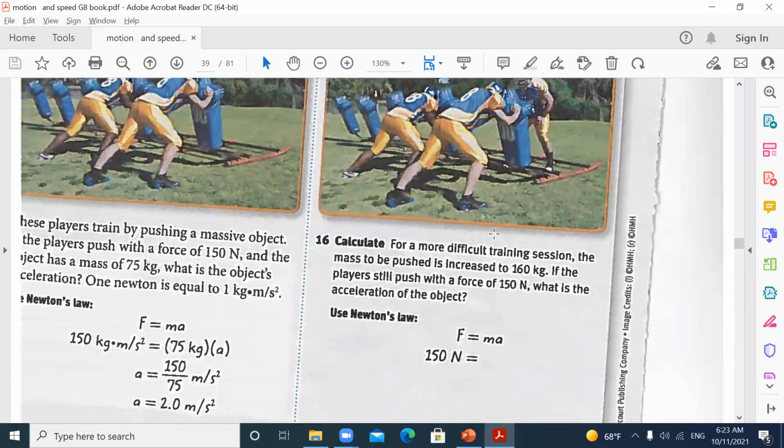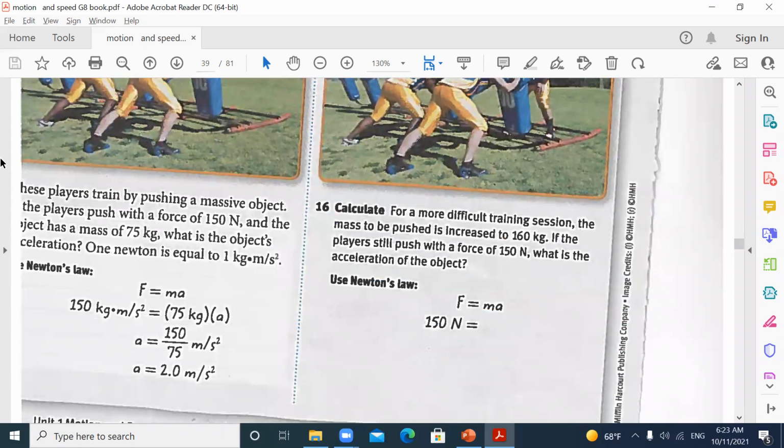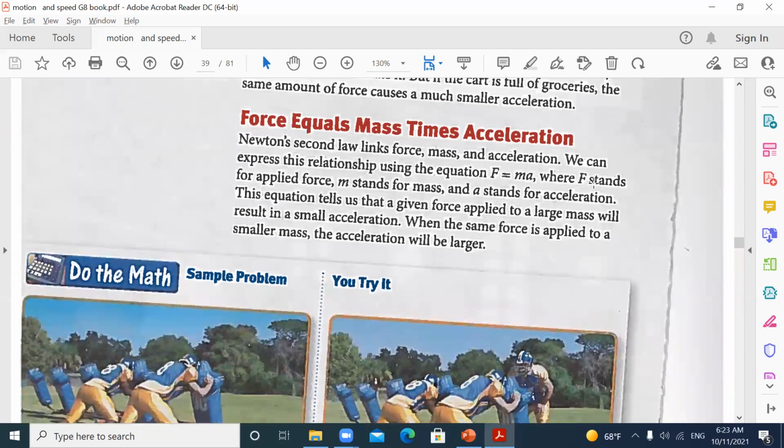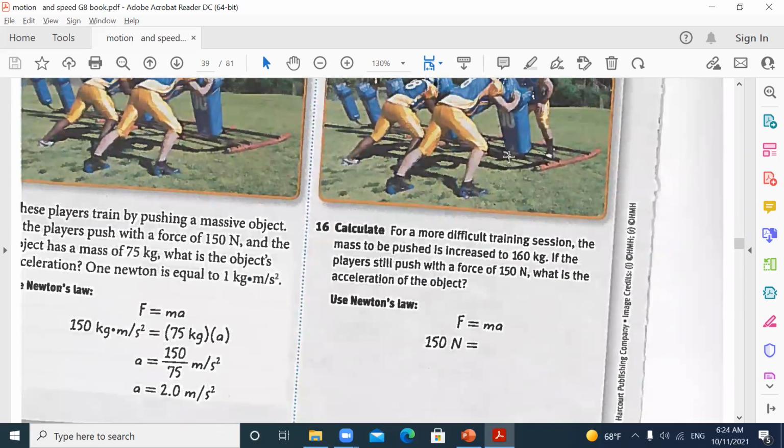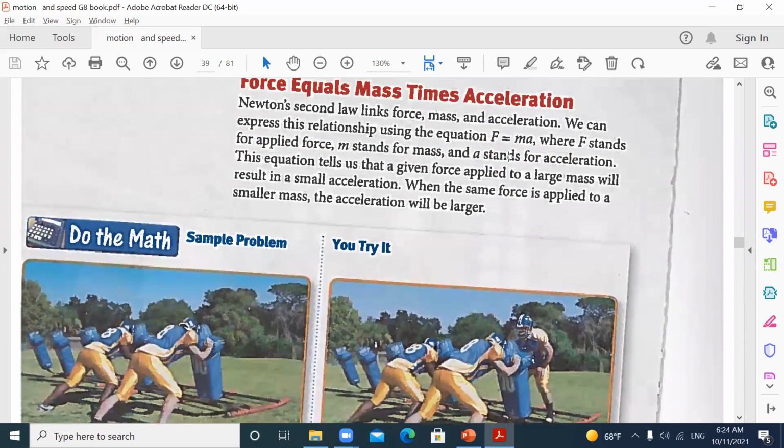So if this is the formula, force equals mass multiplied by acceleration, then one unit of force, 1 Newton, equals one unit of mass, a kilogram, multiplied by the unit of acceleration, which is meter per second squared.